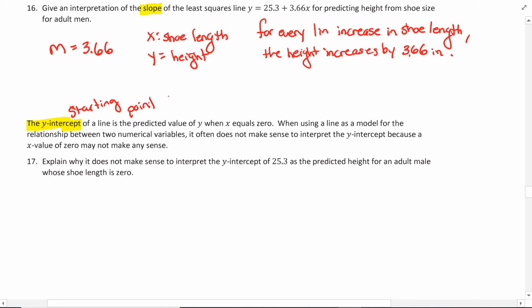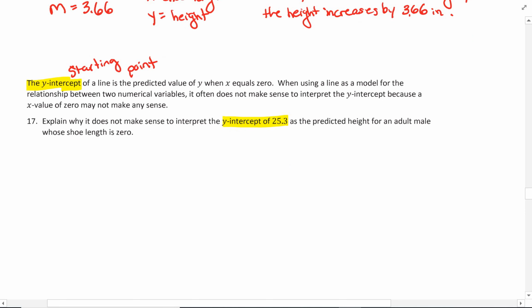But think about it in this problem. Our starting point is 25.3. Now, what does that mean? At b equaling 25.3, what does x equal? What does x always equal at the y-intercept? I mean, x always equals 0.